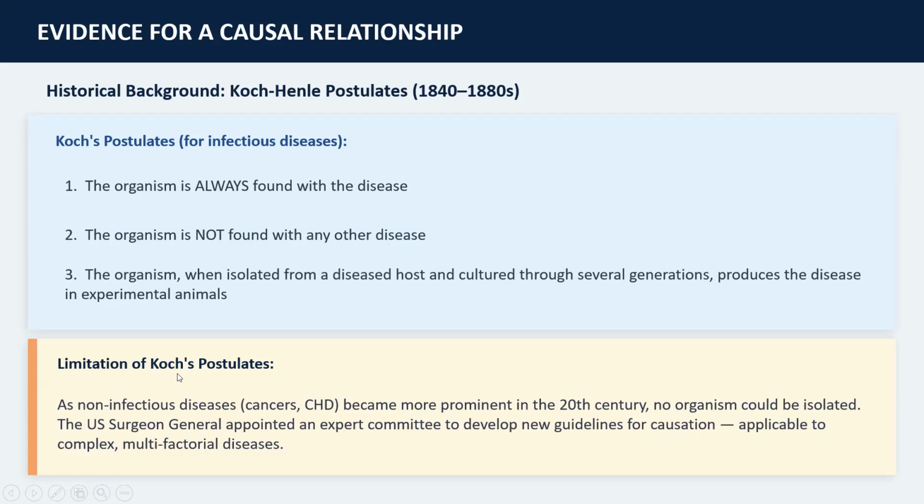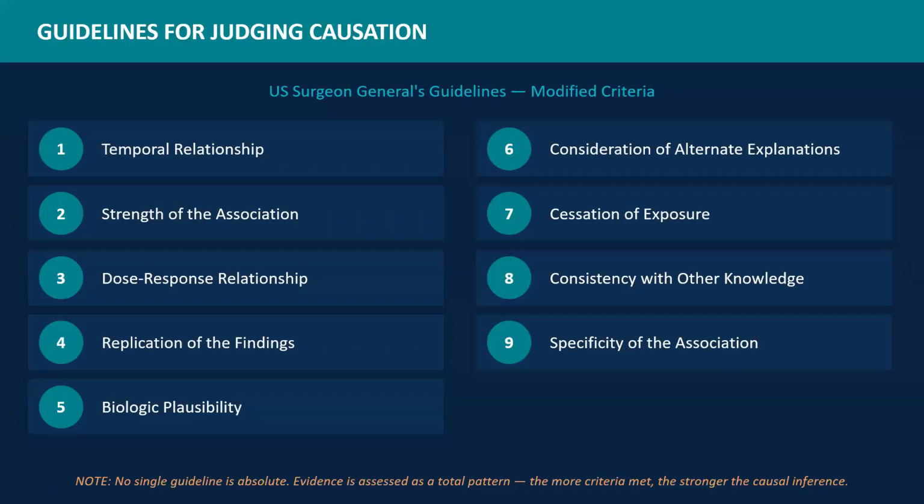The limitation is that non-infectious diseases like cancer and chronic heart disease became more prominent in the 20th century, and no organism could be isolated. The U.S. Surgeon General appointed an expert committee to develop new guidelines for causation applicable to complex multifactorial diseases.